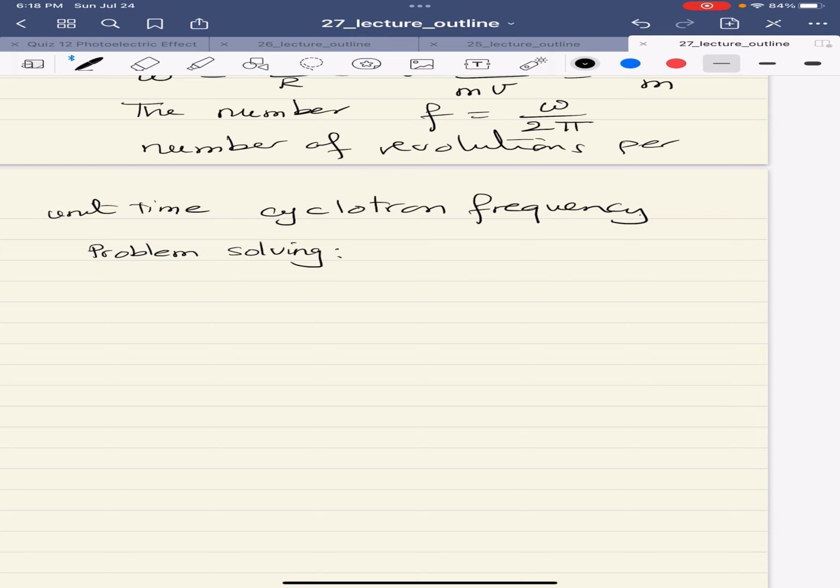This is for when we are going to analyze the motion of a charged particle in a magnetic field.